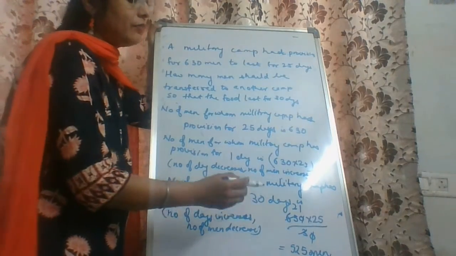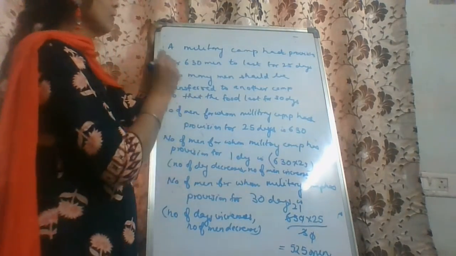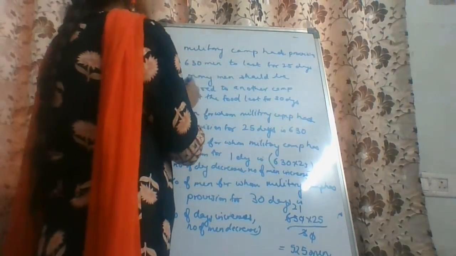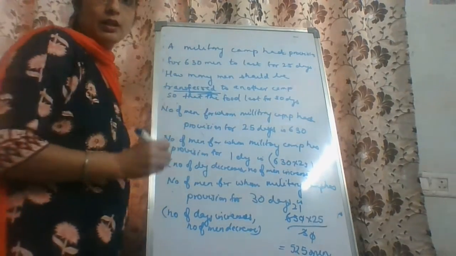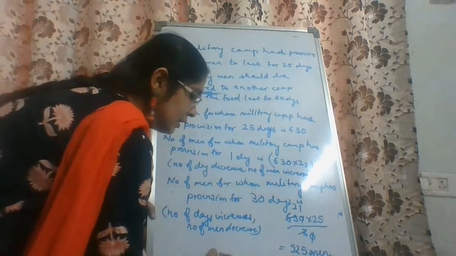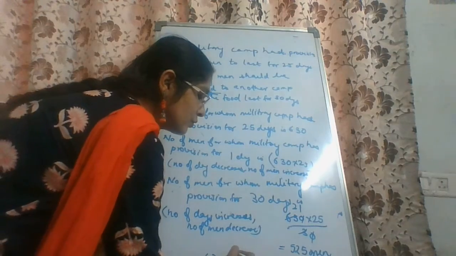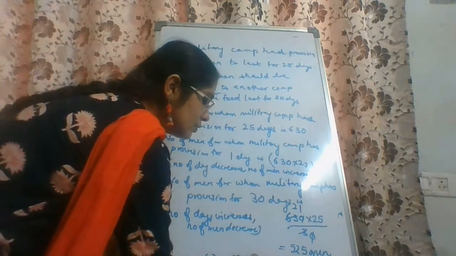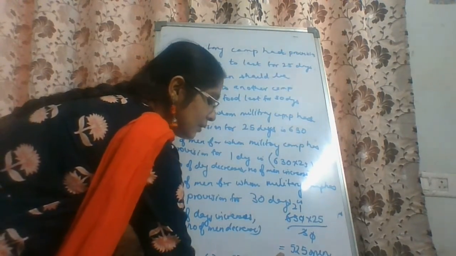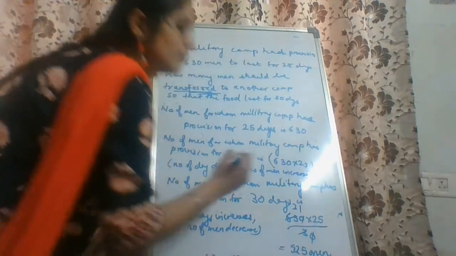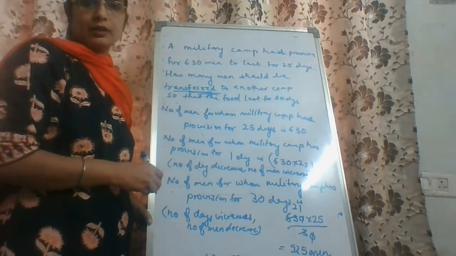Total number of men are 525. Now the question is, how many men should be transferred? It should be 630 minus 525, which is equal to 105 men should be transferred to another camp.